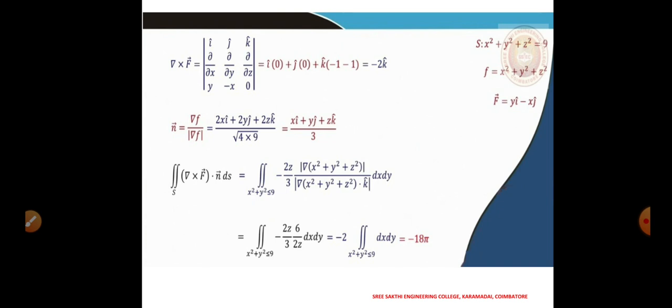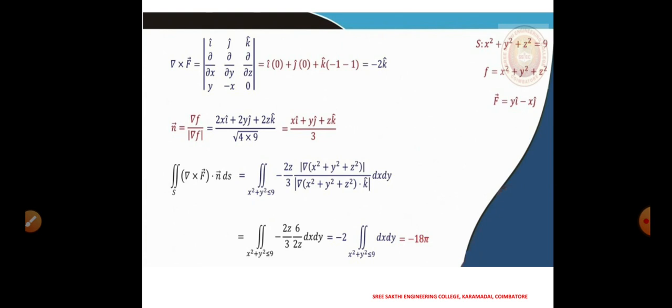And then for dS, we need this factor which we have discussed for the surface integral, that means del F dot product with the k vector, because we have projected the surface on the xy plane.